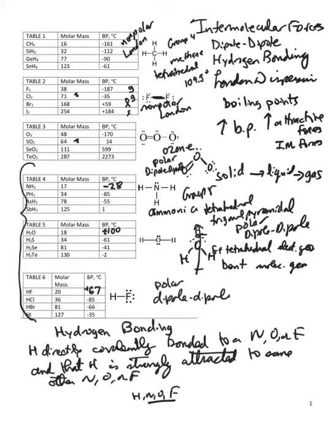So between the small size of all of these and the high electronegativity of nitrogen, oxygen, and fluorine, these portions of the molecules are small, so when they snuggle up close to one another, so to speak, they have these very strong attractions. So much so that we give a special name for this intermolecular force: hydrogen bonding. So these three sets of molecules all have dipole-dipole forces, and they also have hydrogen bonding.